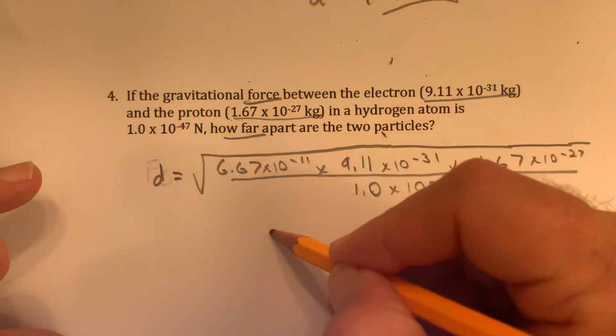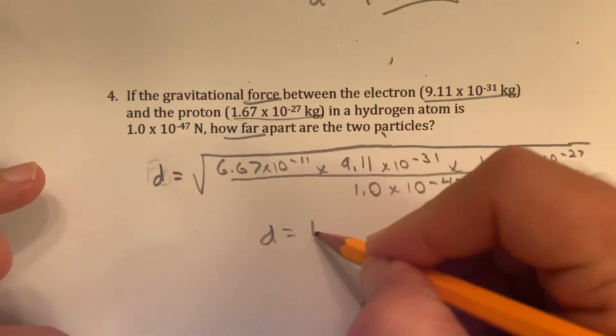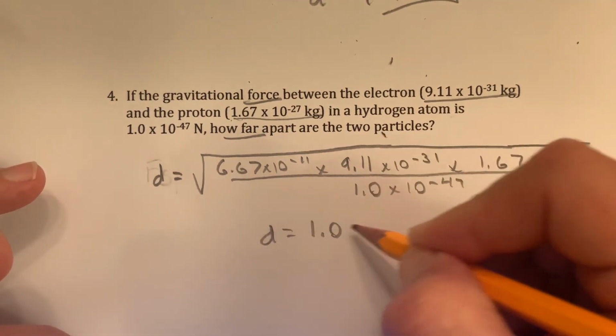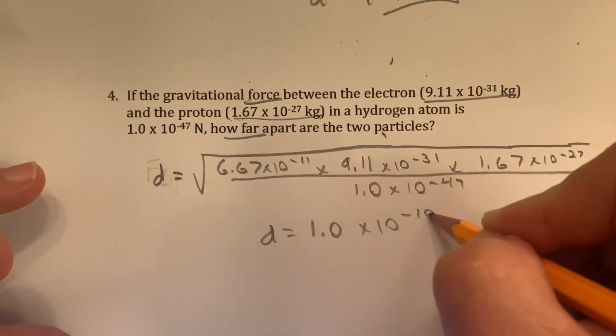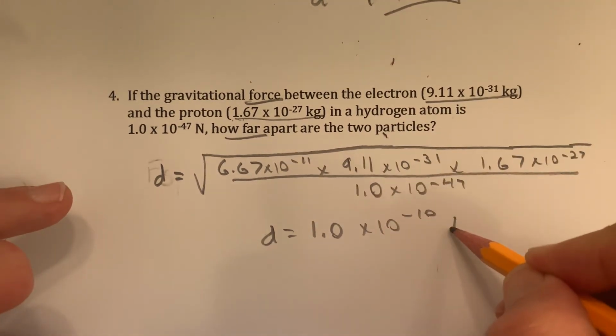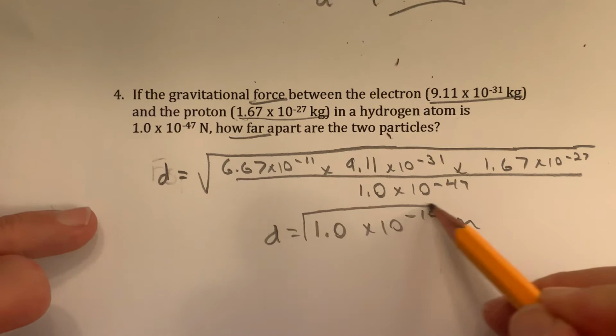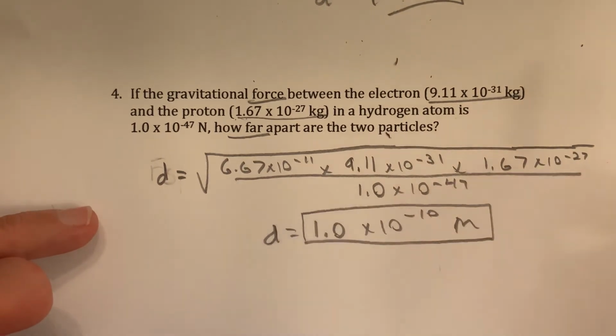Maybe I was wrong the first time I worked this. So it's going to be 1.0 times 10 to the negative 10th, and that's going to be meters. So really small distance, which makes sense. They're inside of an atom, so it's really small.